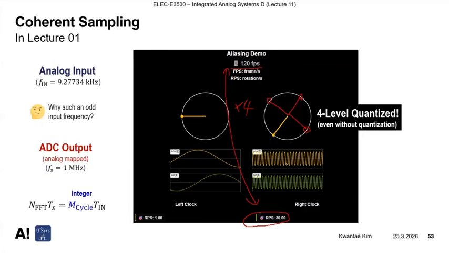Then you can see that within the waveform, there are 1, 2, 3, and 4. Only 4 values exist that are being touched. So even without doing quantization, after sampling there are only 4 levels, which, without doing any quantization, looks like only a 2-bit ADC.